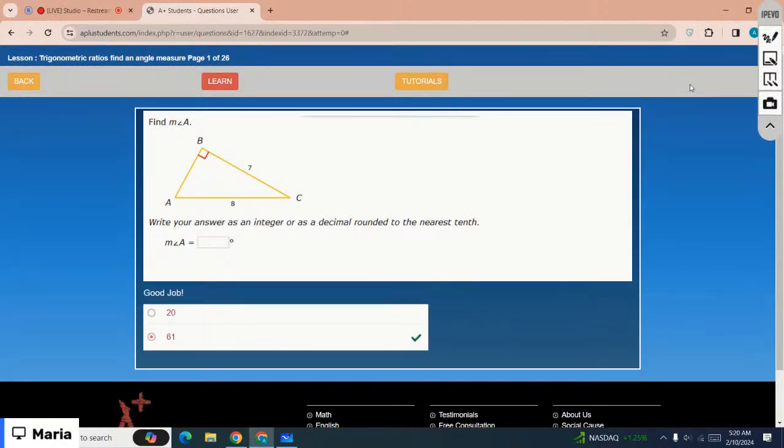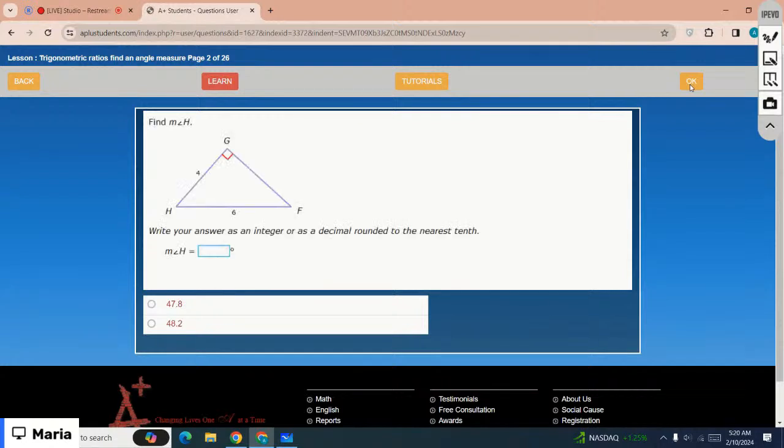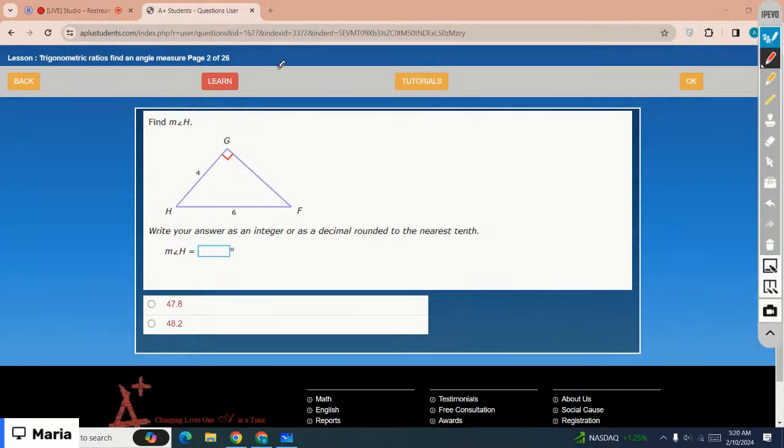Okay, the next one is measurement of angle H. You need to find the angle H, right? Let's see which trigonometric ratio you can apply. You know the adjacent and the hypotenuse.